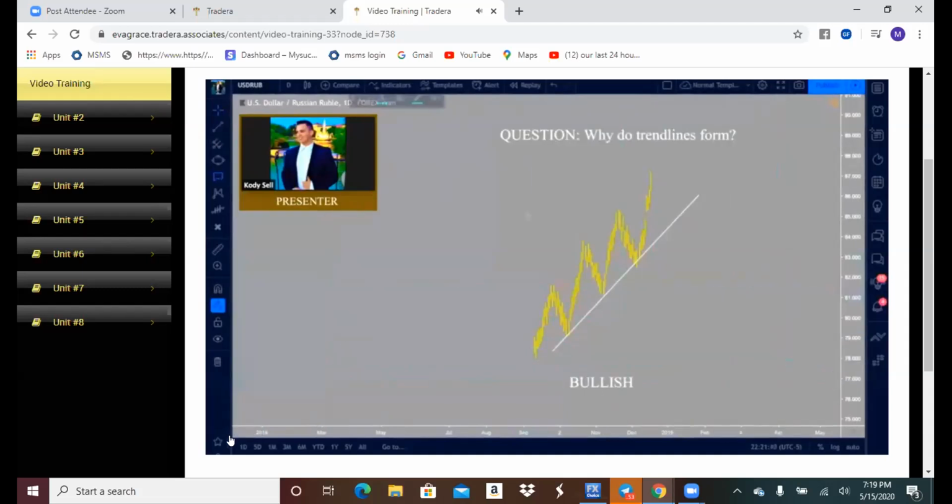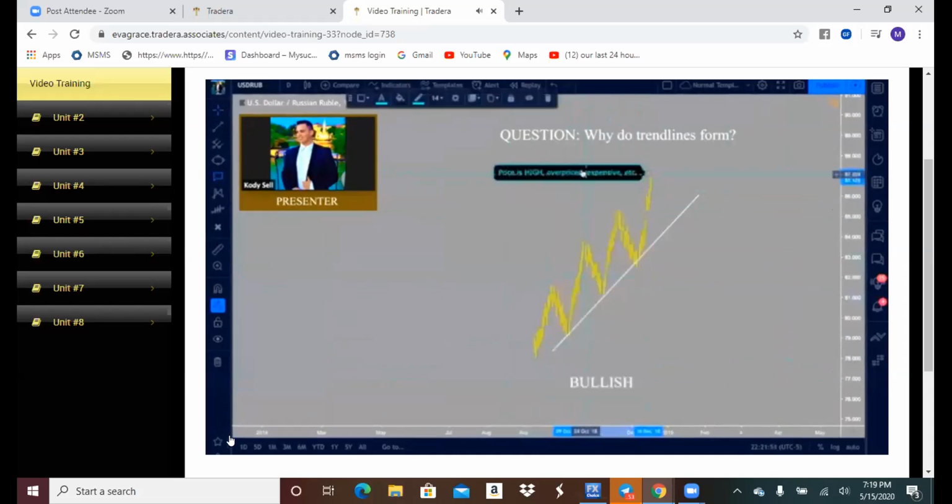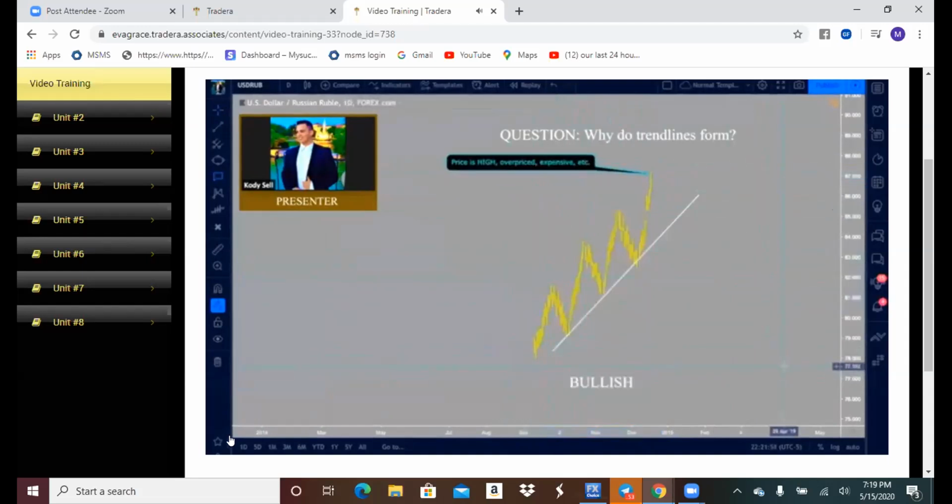Do you buy right here when price is high? Price is high, overpriced, expensive, etc. So up here, this is not the place to buy. You don't want to buy when price is overinflated, overextended, and expensive.